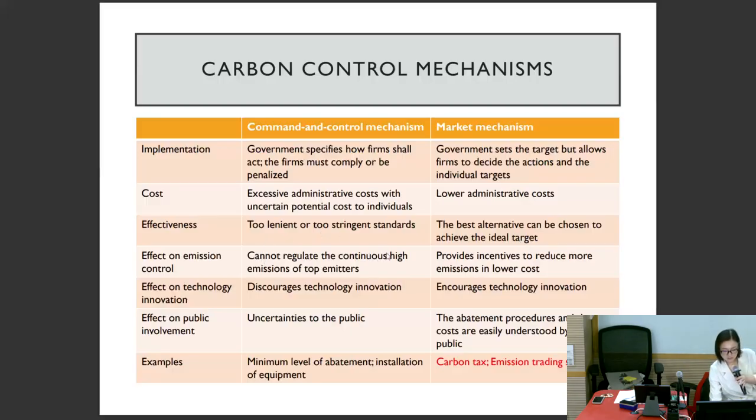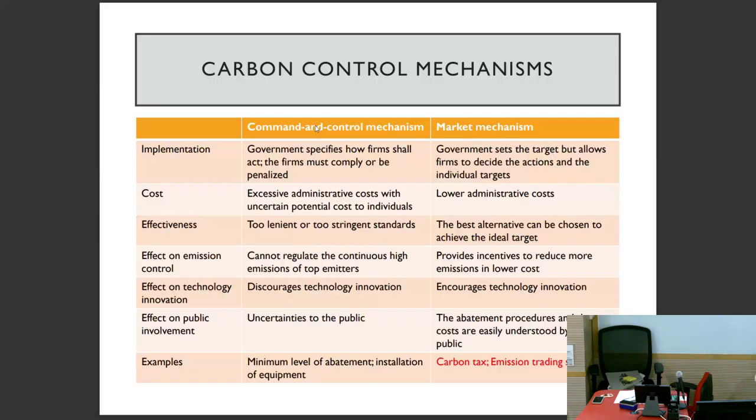Command and control cannot regulate the continuous high emissions of top emitters. The top emitters would always be large, big companies, and probably they would have some political or social influence. So for those top emitters, they would claim that if the government passes that law, maybe my company will close, and many people will lose their jobs.